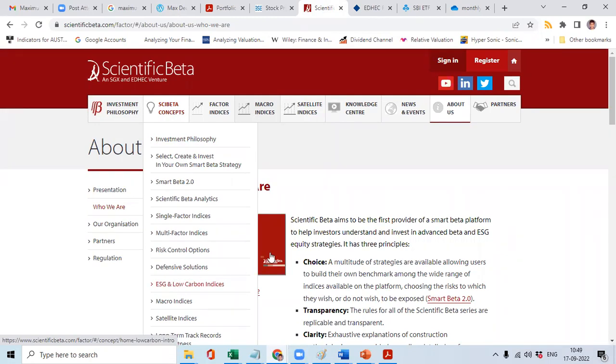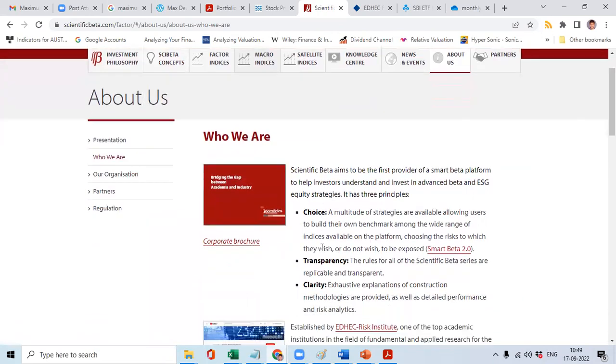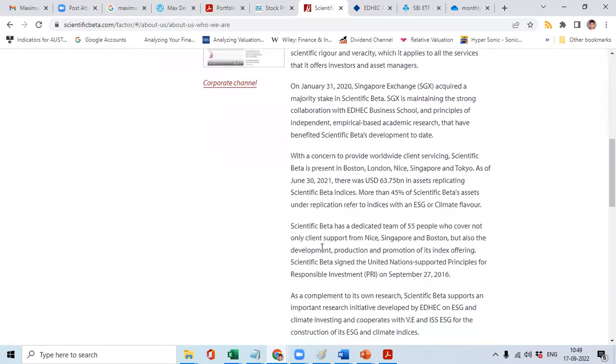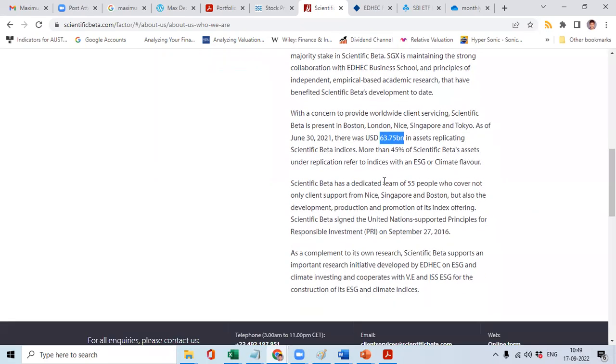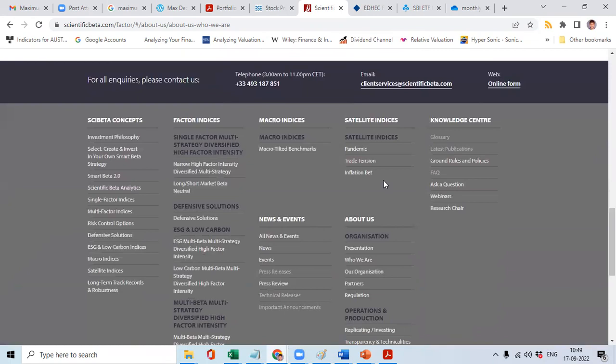And they claim their indices are deployed by about $60 billion in assets worldwide. They do have very good literature, and not only this, any of these, right? So you can pick it up and try to understand the philosophy of portfolio allocation.